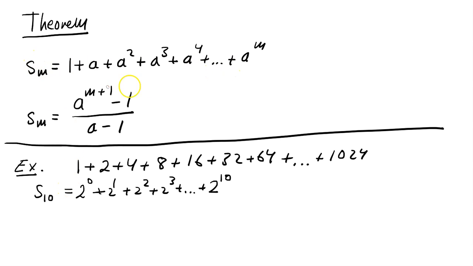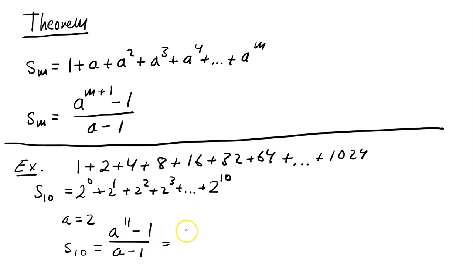In this case we have that a is equal to 2. So this is an example of this, but with a equal to 2. Then, according to this formula here, S10 is equal to a to the 11, so 1 more than this, minus 1, over a minus 1.